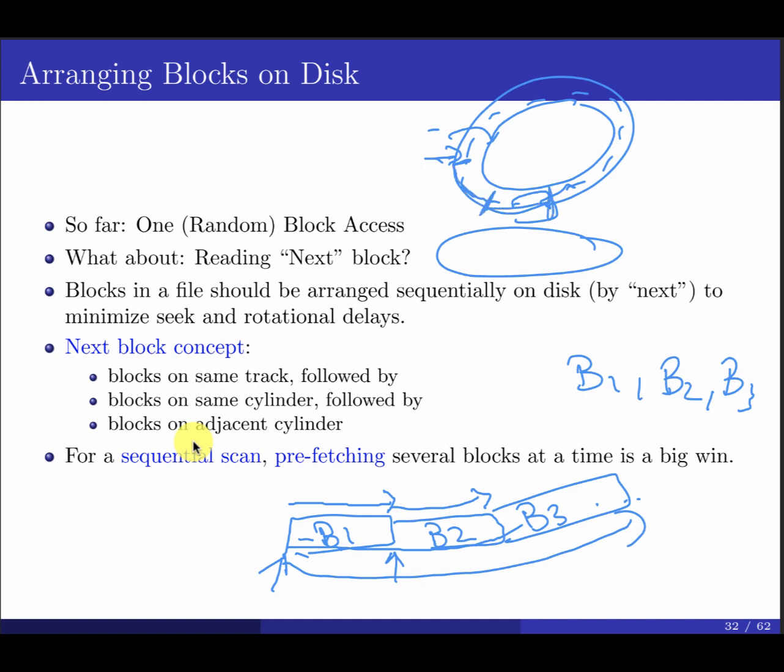Continue, read the next, read the next. Once you're done here, you don't need to move anything. Now the head is going to start reading from the next surface. Once you're done, jump to reading the surface from the next platter. Once you're done with this cylinder, the only thing you may need is to change to another cylinder, with another seek that you're going to perform.